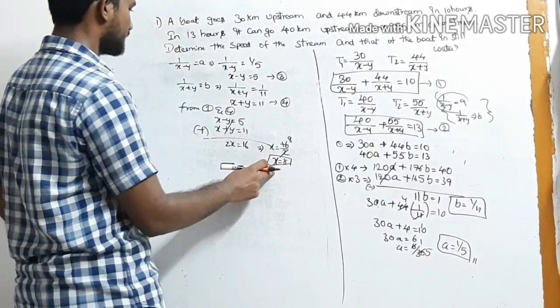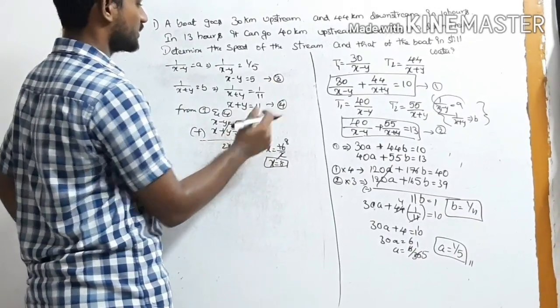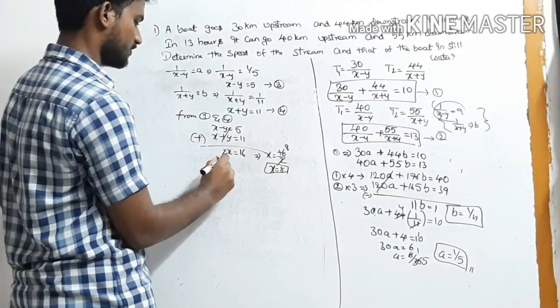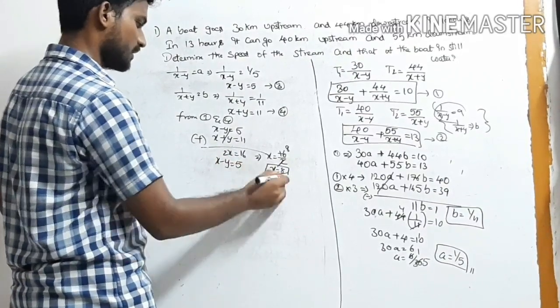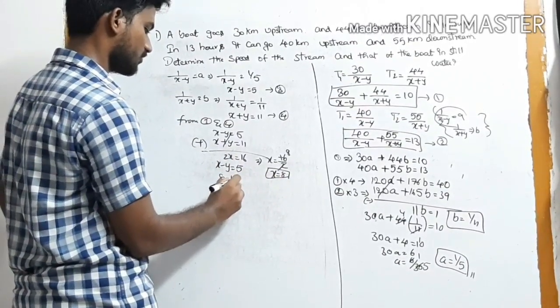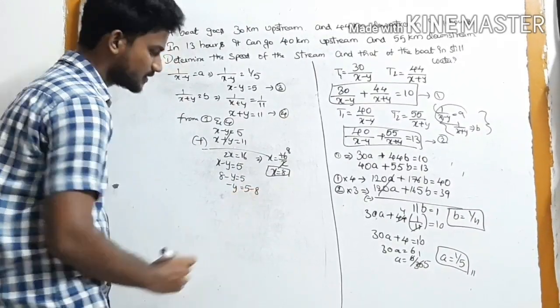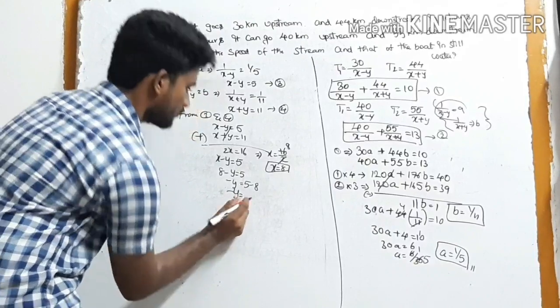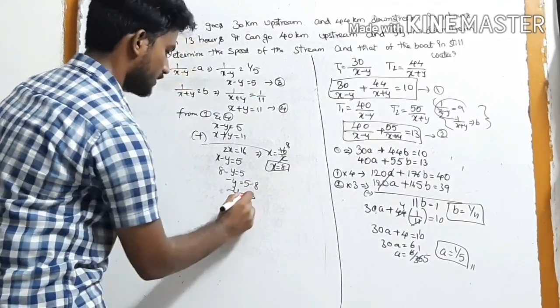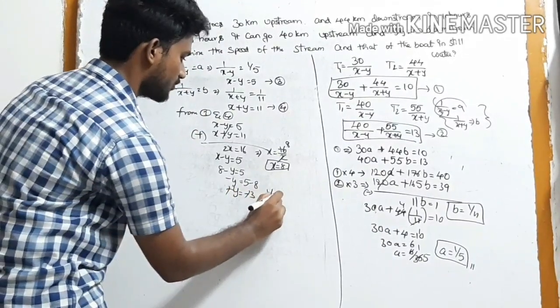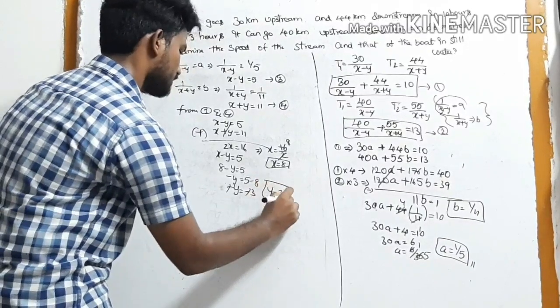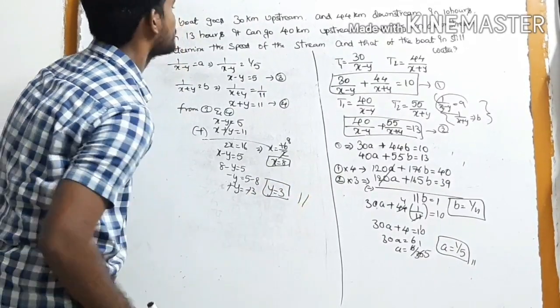By taking x in the third equation, x minus y equals 5, x is 8, so 8 minus y equals 5, minus y equals 5 minus 8, which is minus 3. The minus signs cancel, y equals 3.